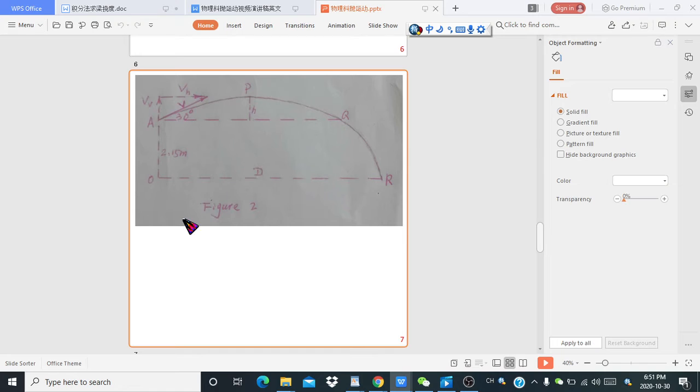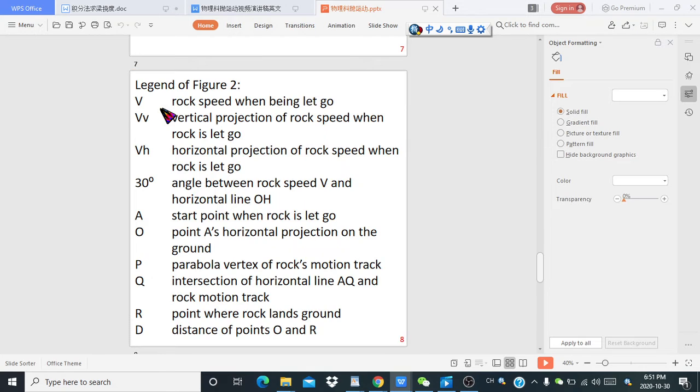The length OA is 2.15 meters, as told in the question description. This is the legend of figure 2.